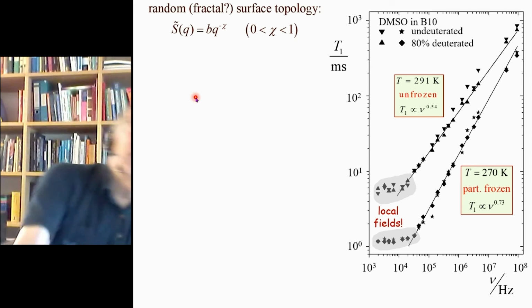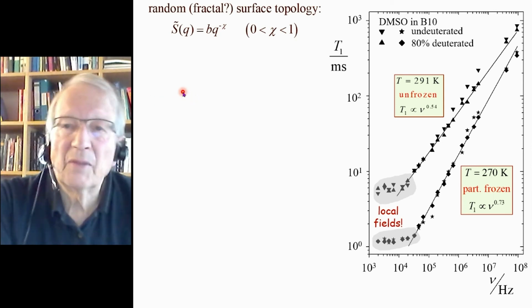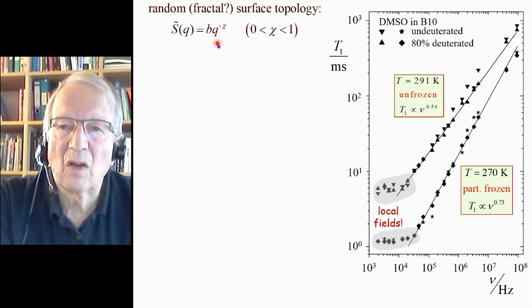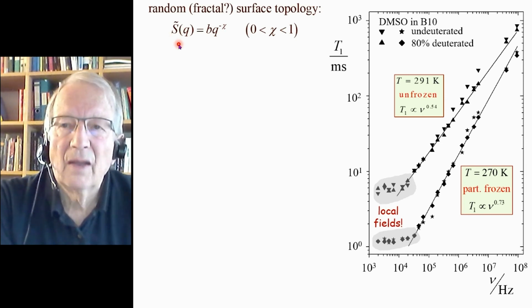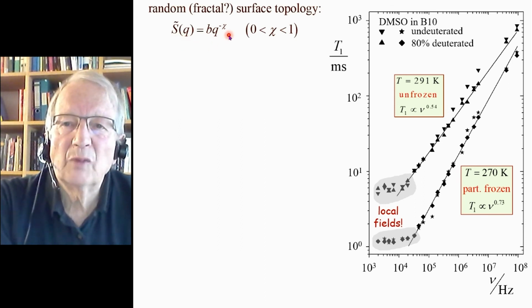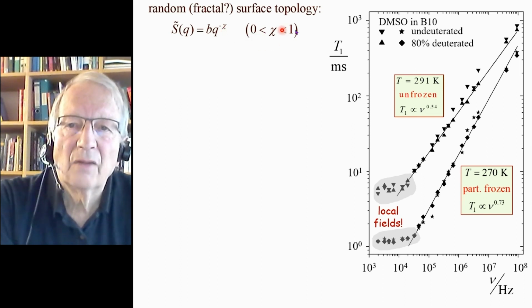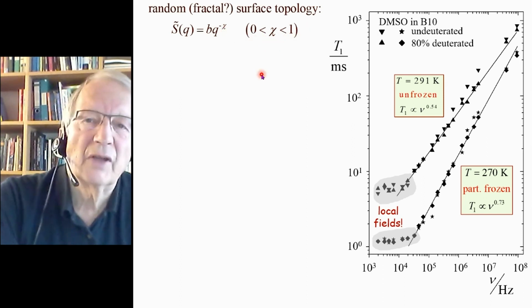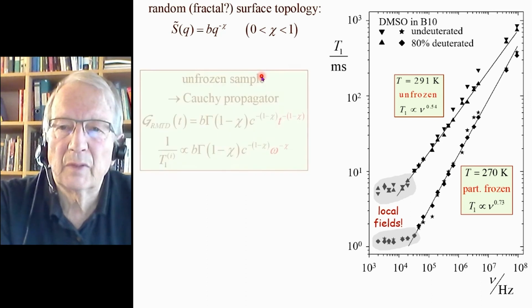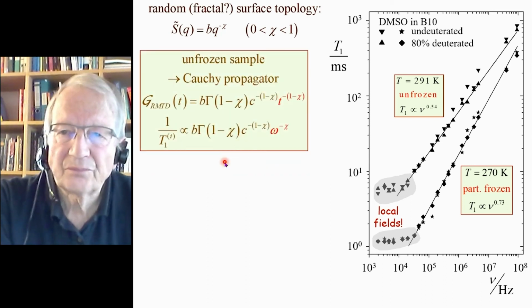And the quite general, relatively simple assumption is to assume a power law. I mean, this orientational structure factor in the Q space can be assumed to obey this power law with an exponent chi, which can vary in this range because of obvious reasons.